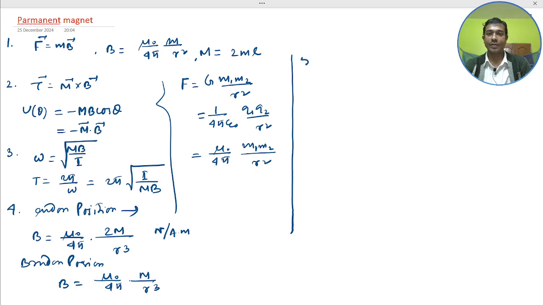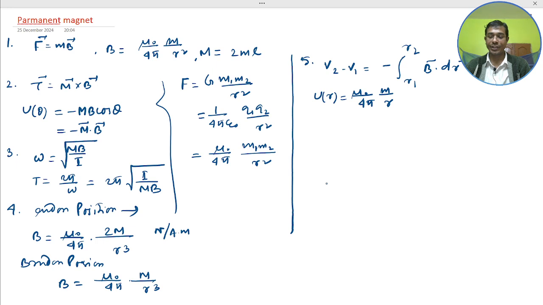Next one is the magnetic scalar potential. Magnetic scalar potential is V2 minus V1. The potential difference is the integration from r1 to r2 of B dot dr, as per electrostatics. And for a pole of pole strength m, U(r) would become μ₀/4π · m by r, as per electrostatics potential energy.